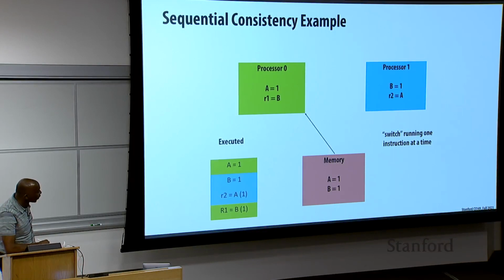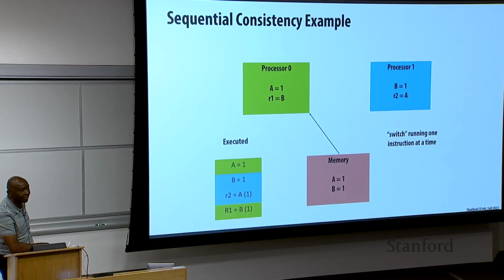With a switch metaphor, you can look at the interleavings that you might get, and you would see, going back to the first example, that both 0,0 and 1,0 are illegal. You can never get them from sequential consistency.